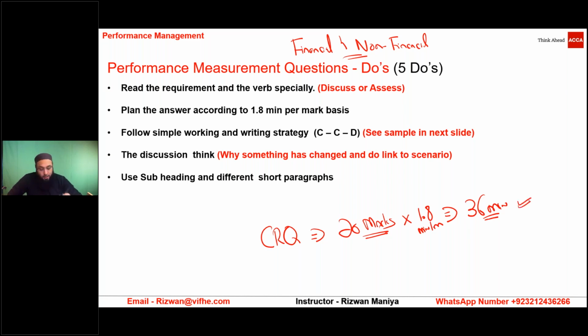So should I tell you some formula? Should I tell you some way out through which you can easily utilize your time? I'm sure you need that. Just tell me very quickly, how many of you badly struggle with time management in the area of financial and non-financial? Can you quickly let me know here?